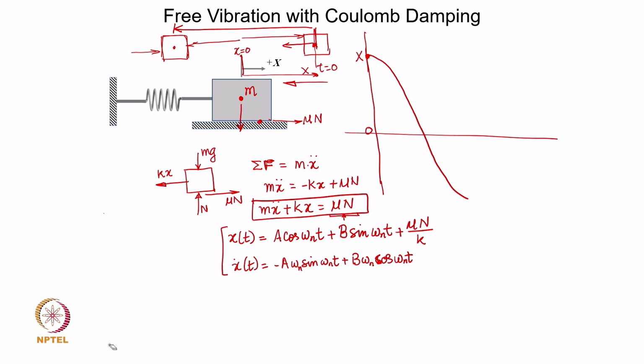What are the initial conditions? What have we done? We have released the mass from this extreme rightmost point and we simply released it, right, meaning thereby that the initial velocity is 0, right. So, at t is equal to 0, x at t is equal to 0 is x naught, which in a general terminology we write this as x naught, which I can write as capital X, because that is the amplitude with which I have released the mass initially.